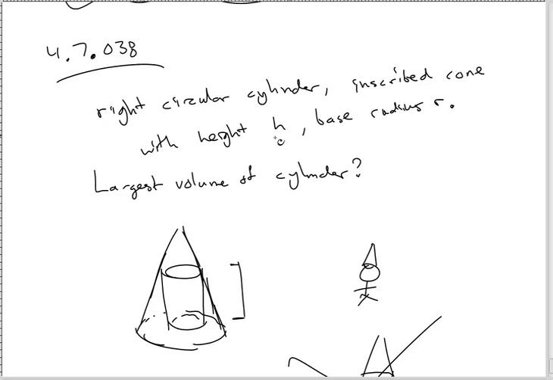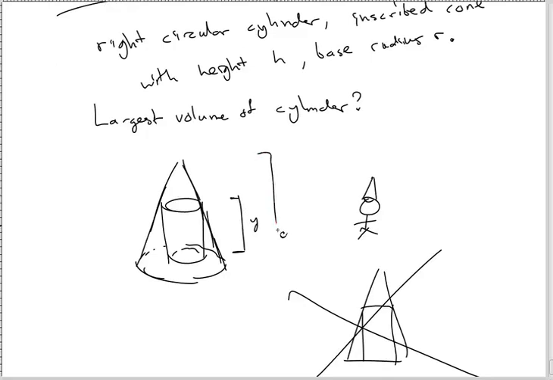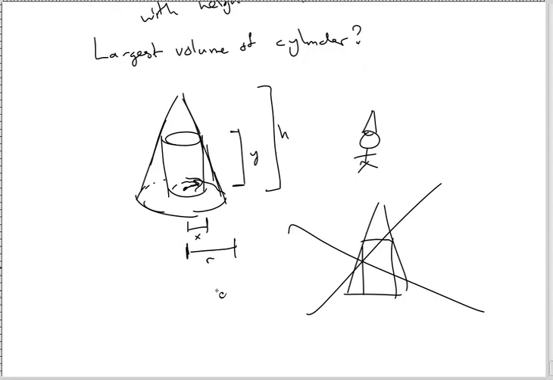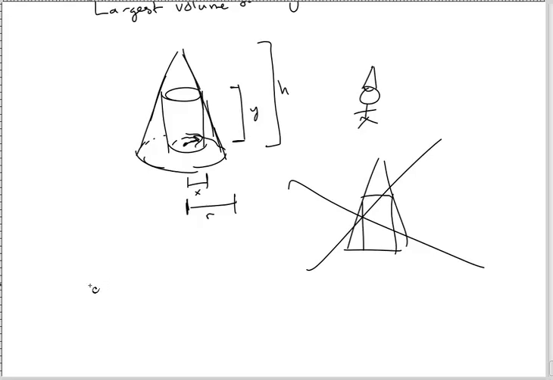They said that the cone has H. So this is a Y. This is an H. And for the radius of the cylinder, let's call that an X. The radius of the cone is an R. So now we got all our variables set up. I mean, I'm just trying different methods, and they're not working. But I do want to set something up here for you. Apparently, similar triangles might be a good thing. I don't really know.